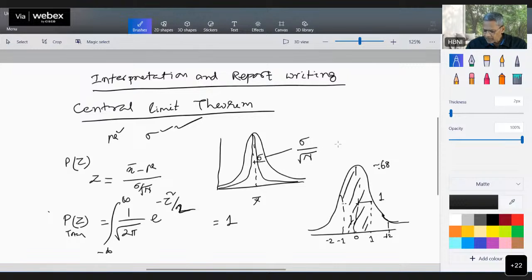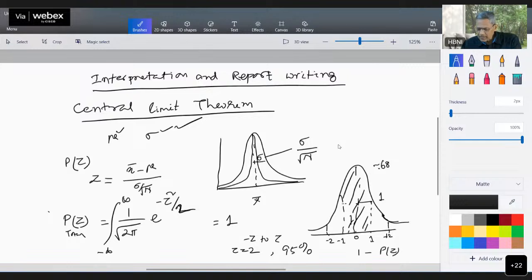In that case, the whole area from minus z to plus z, for z equal to 2, will be around 95%. This is the z score.